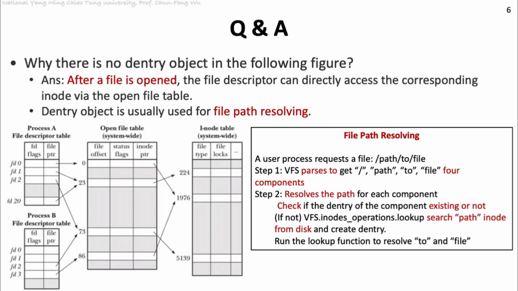So once again, when you open a file that is not yet in memory, we first check whether the file path is already resolved. If the file path resolving is finished, meaning the file path is already in memory, then you can go on to open the file. So these are two different things.